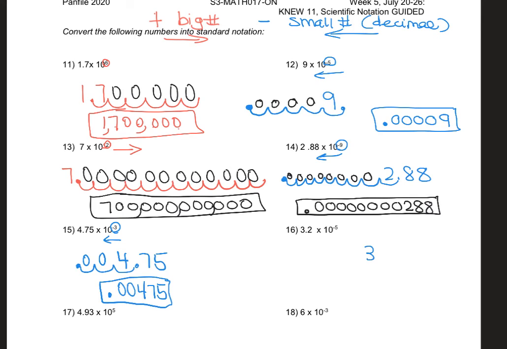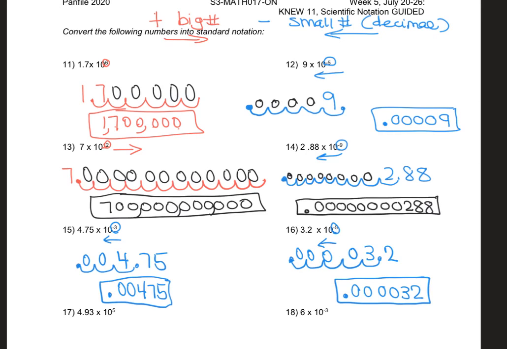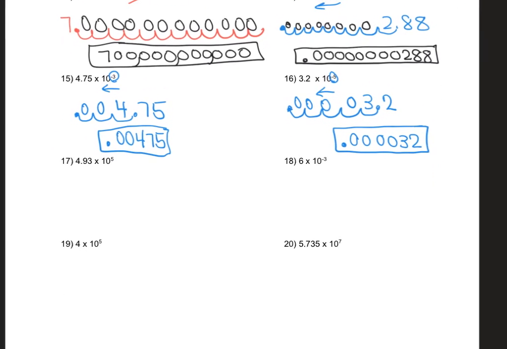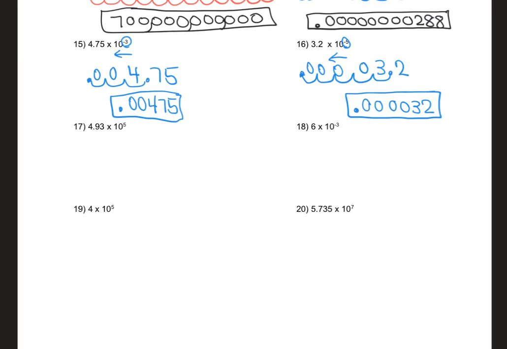For this one, we have 3.2. We're moving 5 to the left. For this one, we have 4 zeros in front of the 3, 2. For this one, 17, we're moving 5 to the right.